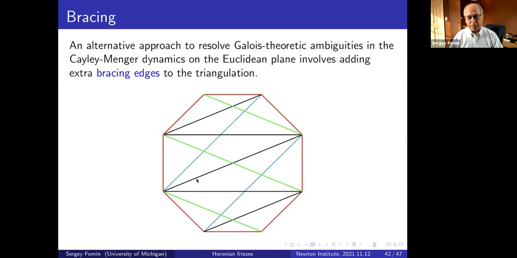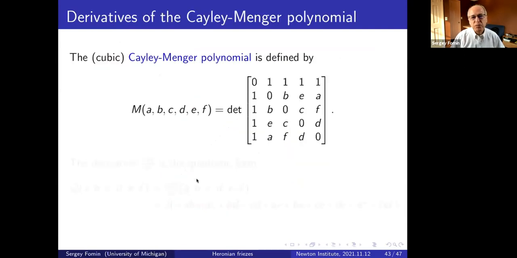So we need a couple of extra bracing edges, and now everything is fixed, right? So this is another way to introduce this extra Galois theoretic information to make things rigid, and then things will hopefully propagate birationally.